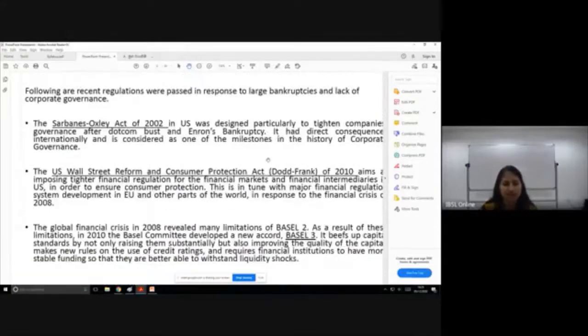So these are some of the notable financial regulations that have come in that have affected the entire financial market on a global scale. The very first one is the Sarbanes-Oxley Act, coming in 2002 in the US. After the dot-com bust and the Enron bankruptcy, the Sarbanes-Oxley Act came in and it was a big milestone when it comes to corporate governance.